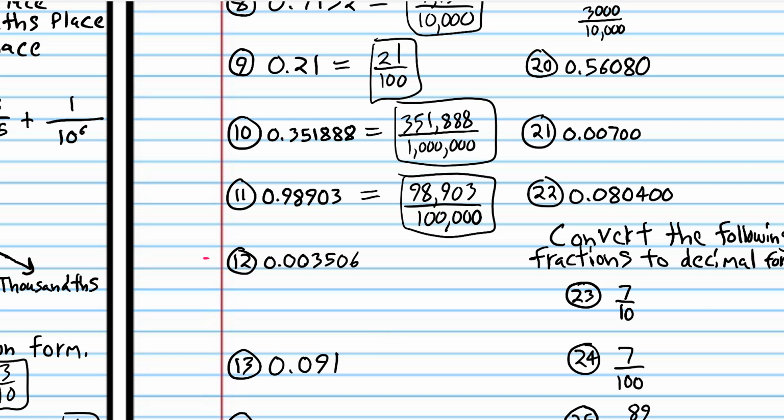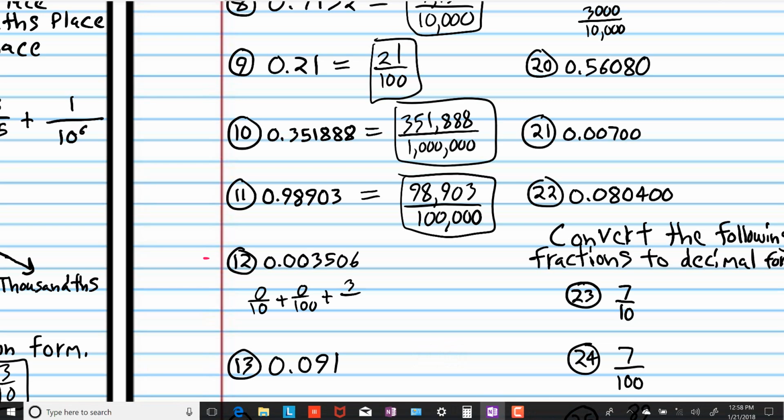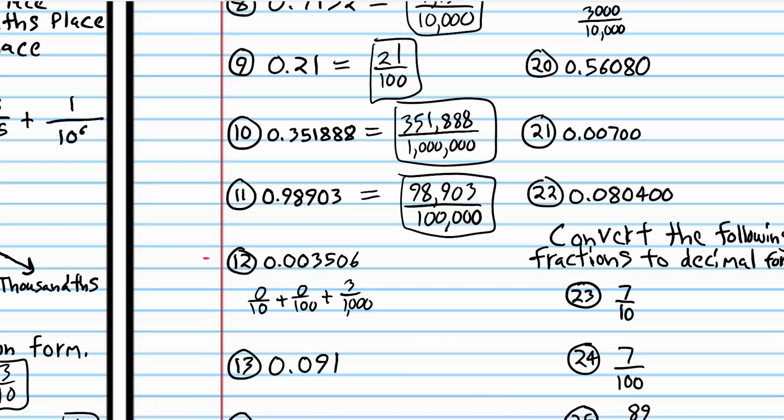Let's write this decimal in expanded form. That means 0 tenths, that's this number, and then 0 100ths, which is this number. And then we go into the actual numbers that have value: 3 1,000ths plus 5 10,000ths, and so on and so forth.